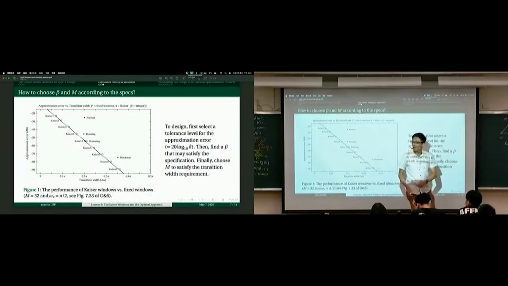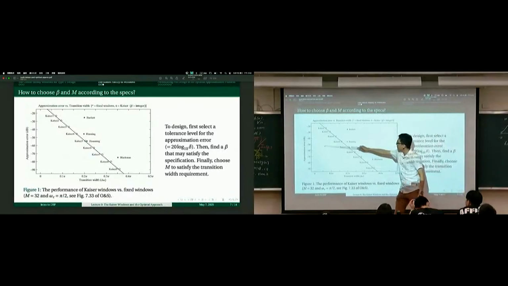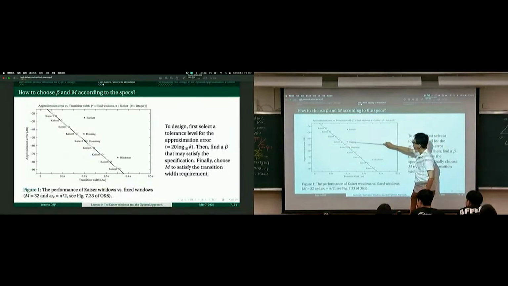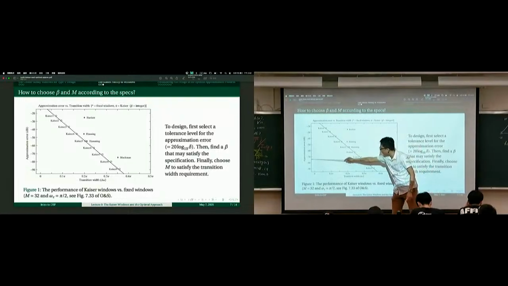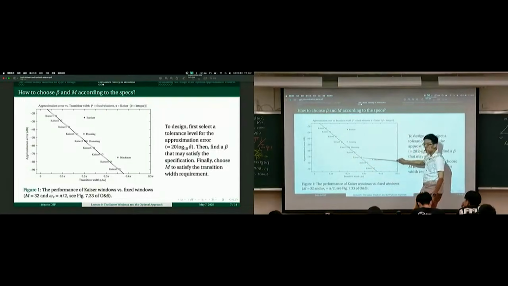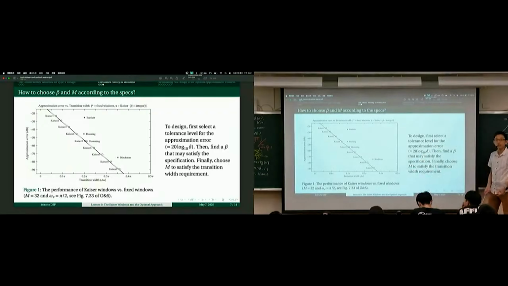Draw a horizontal line and see where it intersects with this performance line, between 4 and 5. Take another example: if you want to further improve your approximation error to minus 75, again draw a straight line, Kaiser 7, beta equal to 7.0. It's pretty easy. Just refer to this plot.